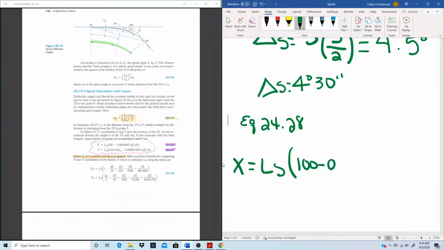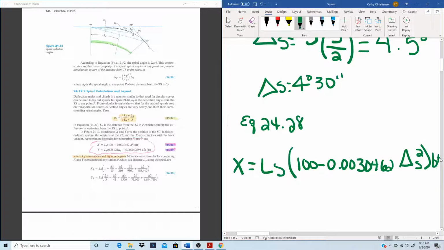Try to write small so I can get it all in. The 100 and this 0.0030462 is a constant, and then theta S squared, and this answer is going to be in feet.